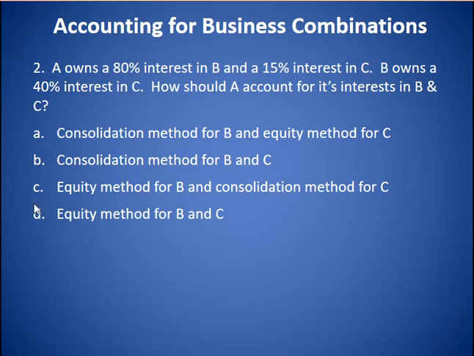Basically, we have to decide what we should consolidate or what we should account for in the equity method. So again, take a look at this, stop the video, and when you're ready to make your selection or your solution, go ahead and restart the video.